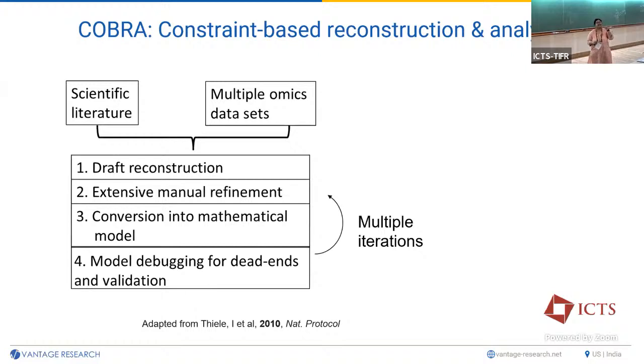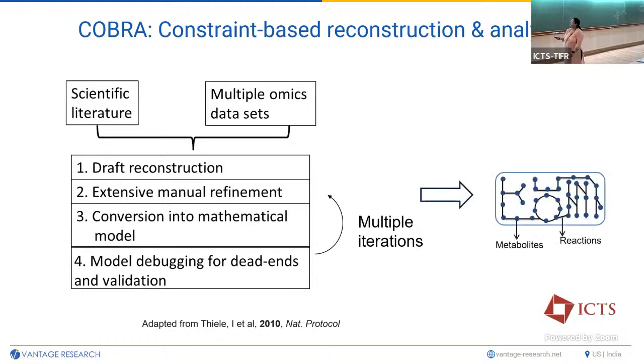However, if you want to get into the characterization of what can be modified in terms of diet, drugs, reaction level, you need a model. That's why you have to convert your flat maps into model format. You do a bit of model evaluation, whether the model is behaving as your phenotype, and then you do that iteratively and you get your final set of metabolic models.